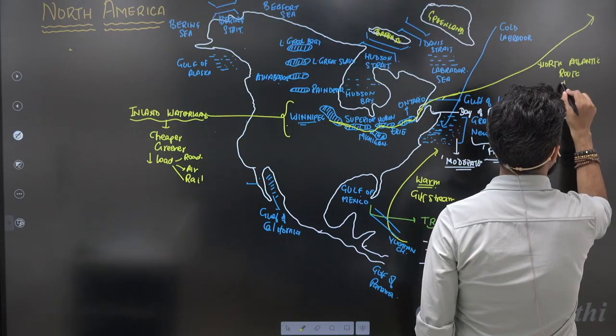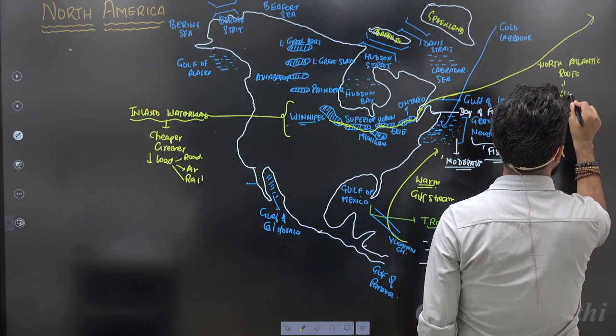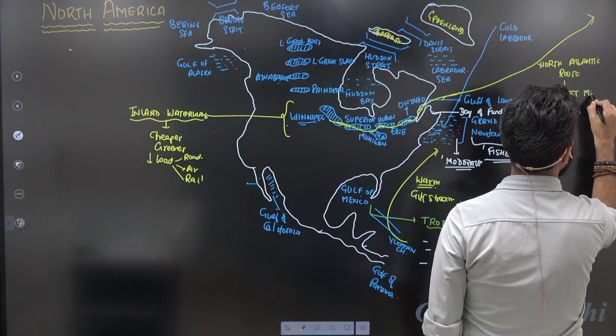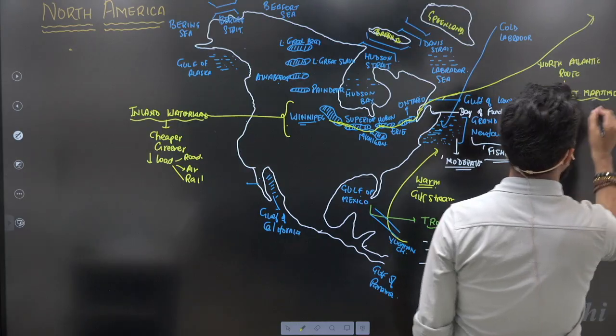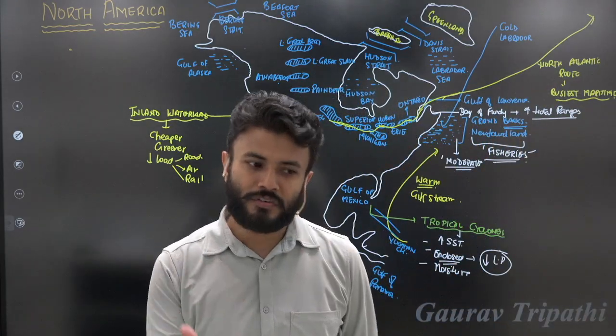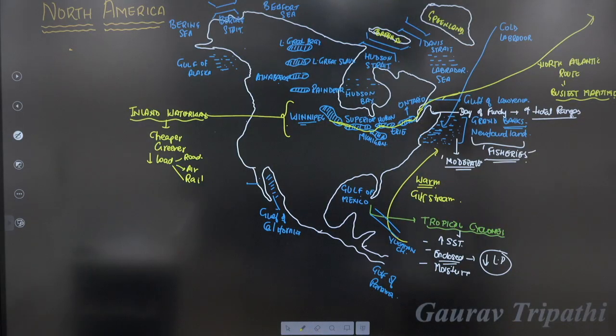This route is the busiest maritime route. This is the busiest maritime trade route because obviously most of the trade is taking place between US and the European countries. Is it fine?